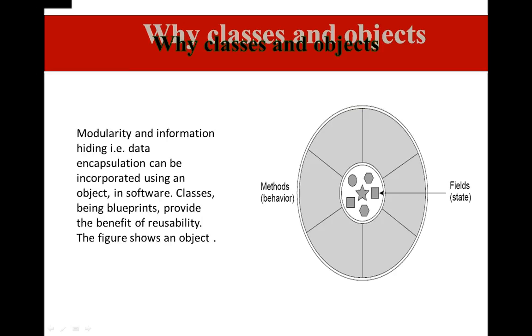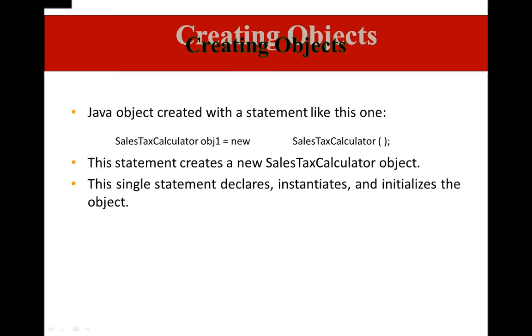To create the object, here is the syntax. Class name followed by the object name equal to the new operator, followed by the class name with open and closed parentheses. Here we have mainly two parts. One is the declaration part.